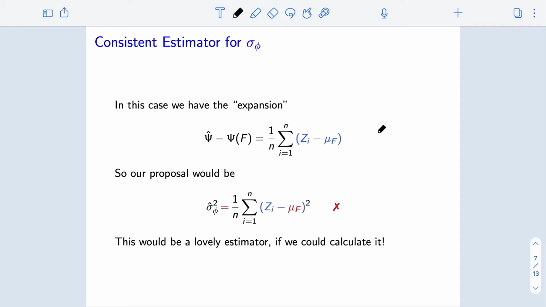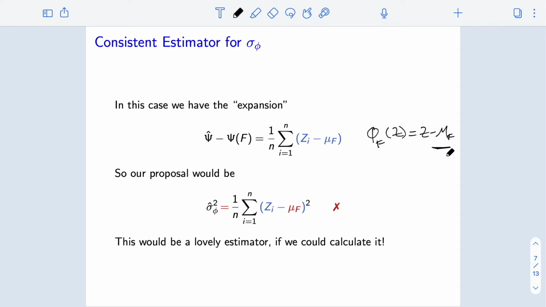Our influence function is phi sub f of z equals z minus mu sub f. And what do we notice here? Well, we notice that there's a problem. This mu sub f is going to give us a problem. We can't actually evaluate this without knowledge of the parameter that we're actually trying to estimate.